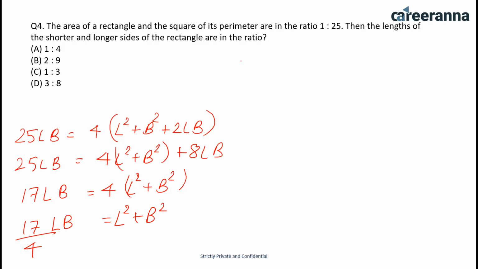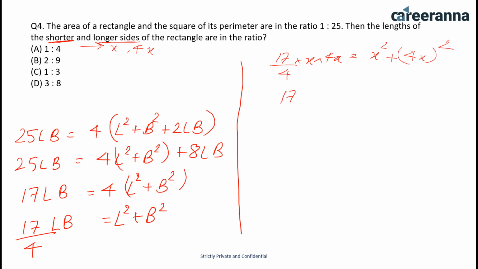Now again, the question is asking the length of the shorter and longer side of the rectangle in the ratio. In the ratio itself, it is given to me that the length is shorter. So for this question as well, we need to go for the options only. So I'll assume this value as x and 4x. Now 17 by 4 into x into 4x is equals to L square, that is x square, plus B square, that is 16x square.